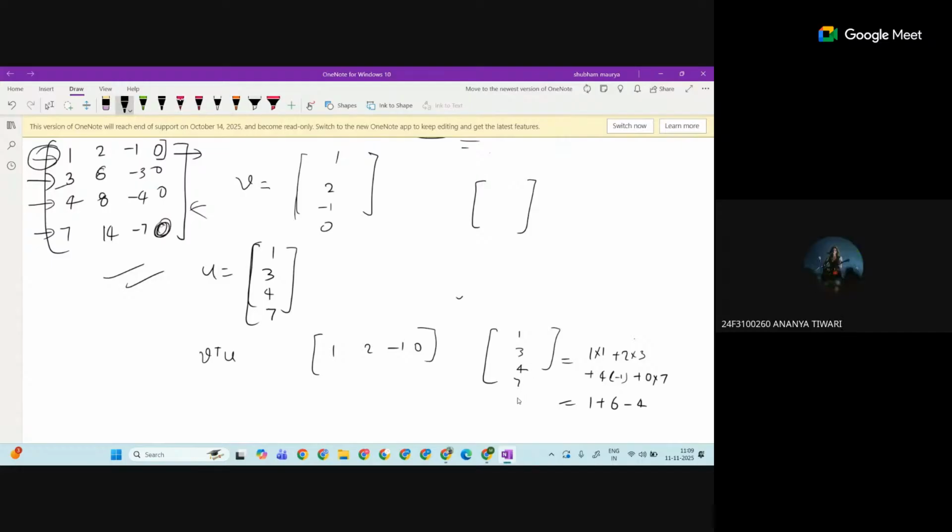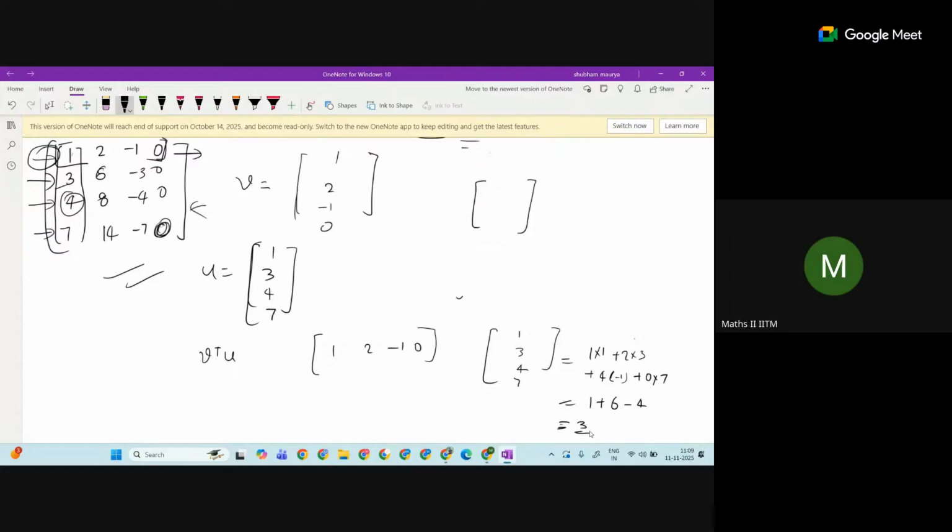Oh sir, I thought it was 0. No, here it is 4. I'm not putting the entries from my side; this is according to this one. This is your U and this is your V. Yes, sir, so we get 3. This way you get 3. So the non-zero eigenvalue is 3.